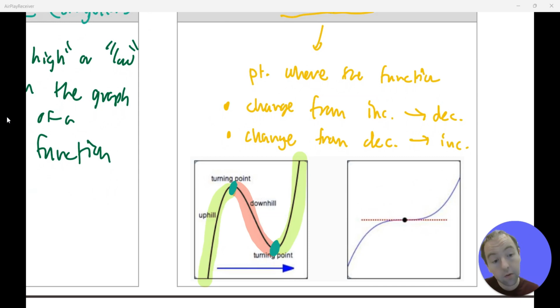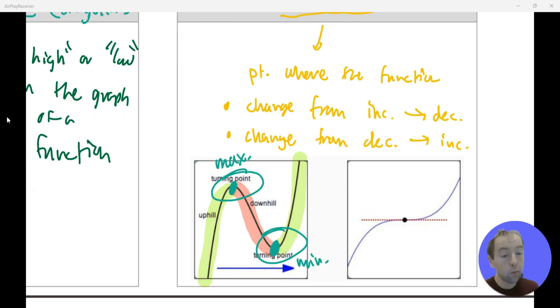So whenever we do have turning points, those turning points end up being extrema of the graph of the function, right? So in the cases where it goes from increasing to decreasing, those are always higher points, and so we can refer to that point right there as being a maximum in the graph. And then whenever it changes from decreasing to increasing, those will always be lower points in the graph of the function, and we can refer to that as being a minimum.